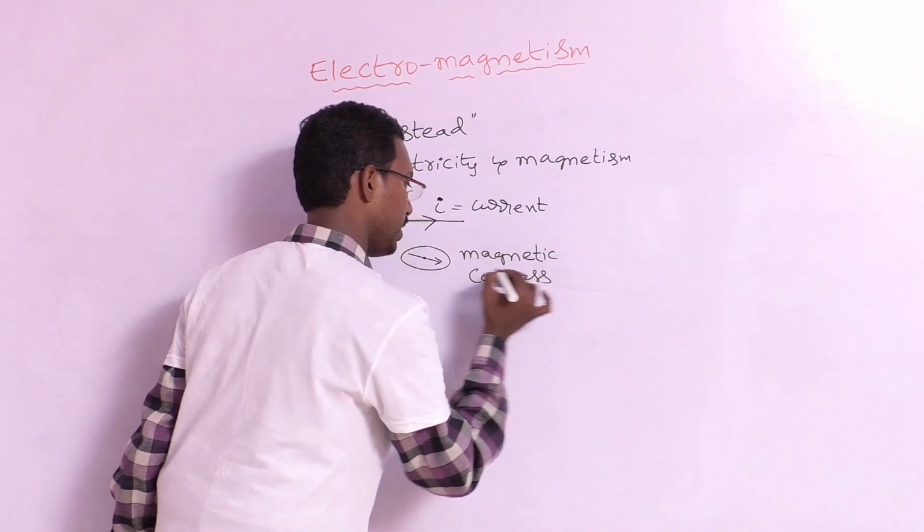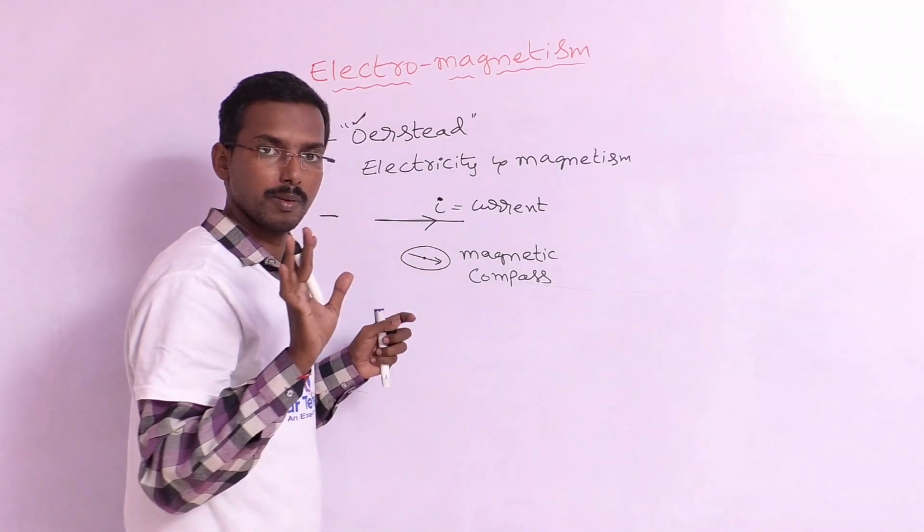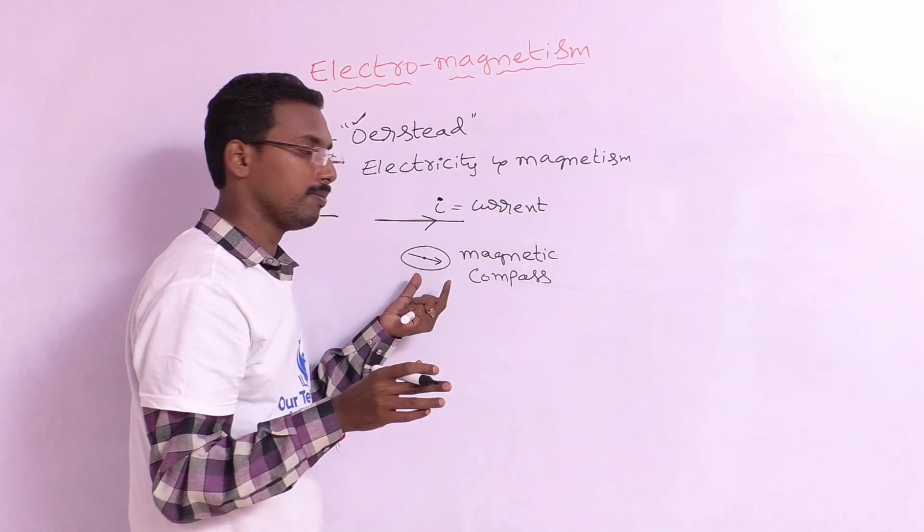Whenever you shut off the current, there is no deflection in the magnetic compass.